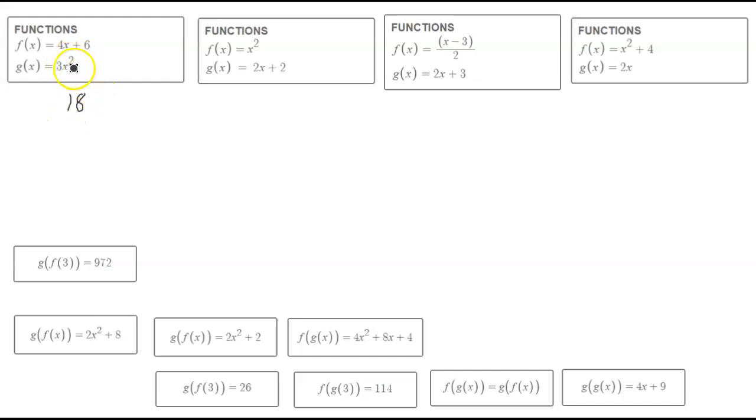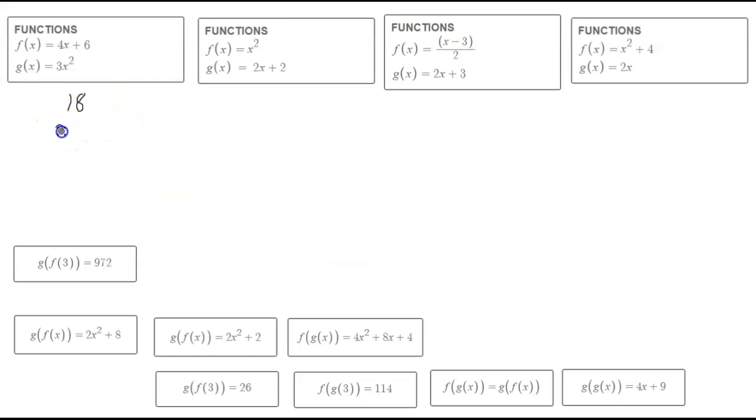So now I need to take this 18 and square it. Let me get my handy calculator here. I get 324.